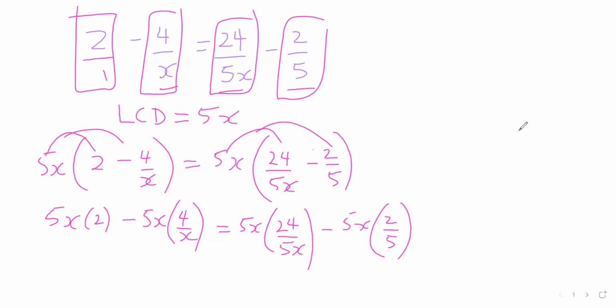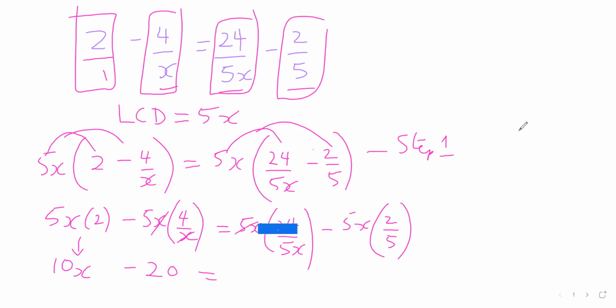Now, for this step 1, you could have skipped that and just multiplied each term by 5x. That's what I've just done in the second step. So multiplying, I'm going to have 10x from the first term, and then 5x with x at the bottom. x cancels x, so I've got negative 5 times 4, which gives me negative 20, equals.